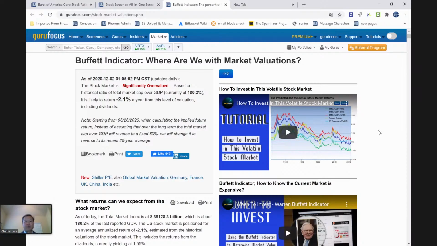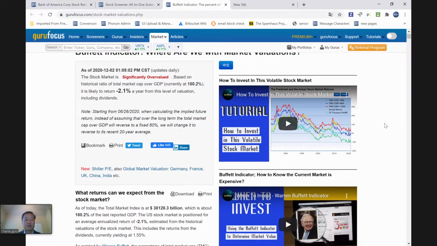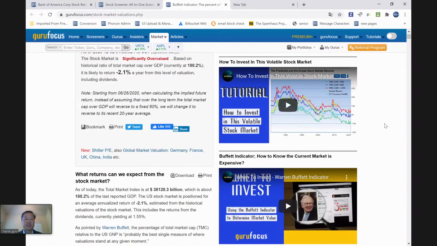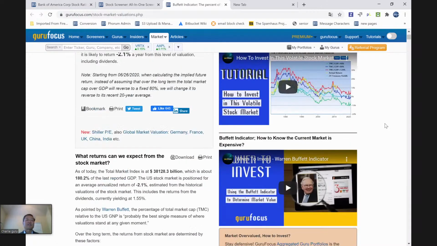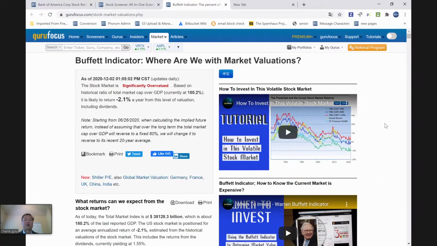Lots of people come here, and it's the indicator that Warren Buffett used. He said it's the single most important indicator which measures where the valuation stands at any given moment. It's very simple: it's just the total market cap over GDP. He used GNP, but the difference between GNP and GDP is really small.